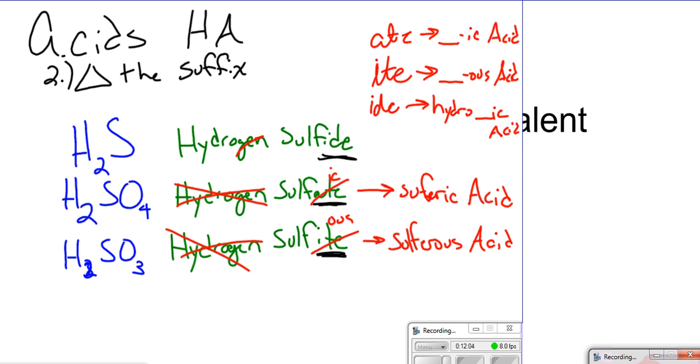So part of the hydrogen stays, you get rid of the gen. Ide changes to ic, so this becomes hydrosulfuric acid. Sorry, I'm going to run out of space.